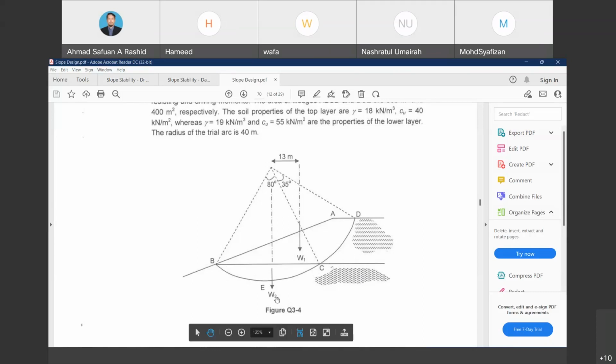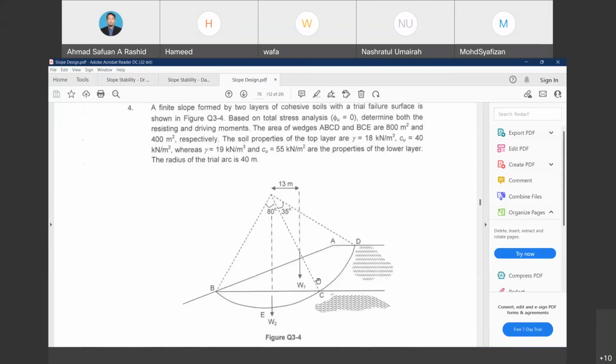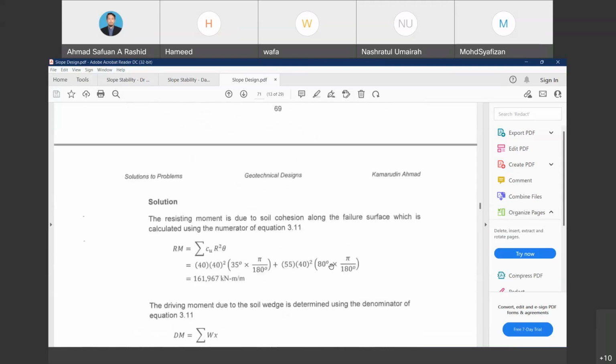We identify that W2 is located perpendicular to the point of origin. So definitely there is no moment arm. So in the calculation of the driving moment, we may not consider W2 because W2 times 0 becomes 0. For the resisting moment, it is the same concept.